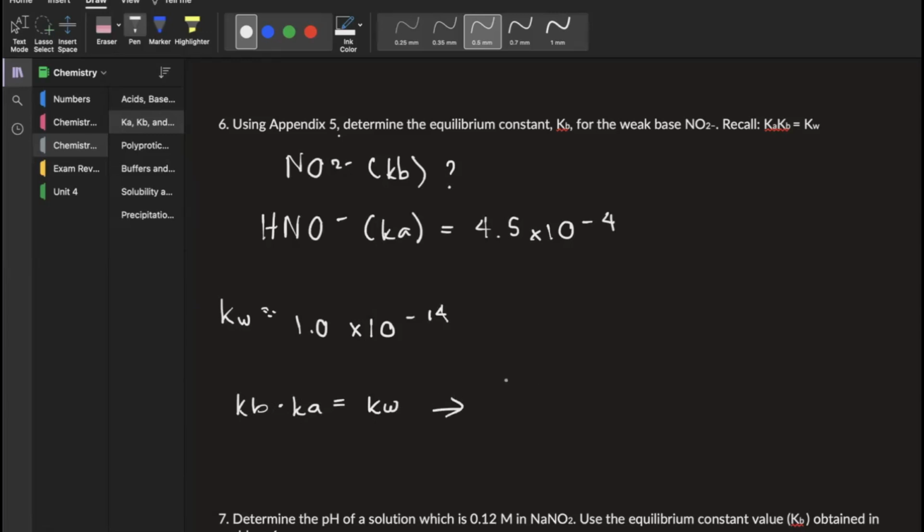This is going to look like 1.0 times 10 to the negative 14th divided by 4.5 times 10 to the negative 4th, which gives us our Kb, which is going to be equal to 2.2 times 10 to the negative 11th.